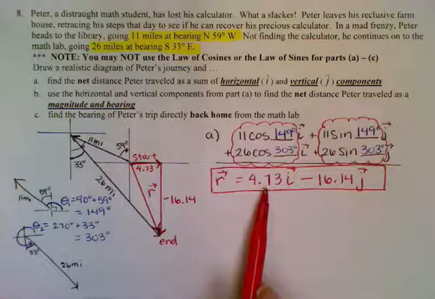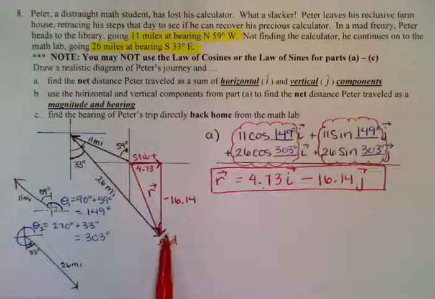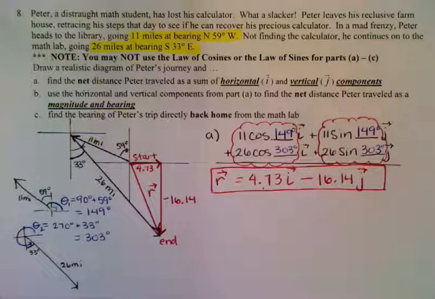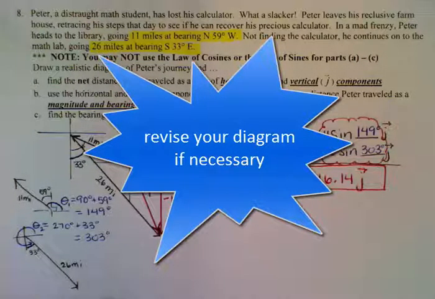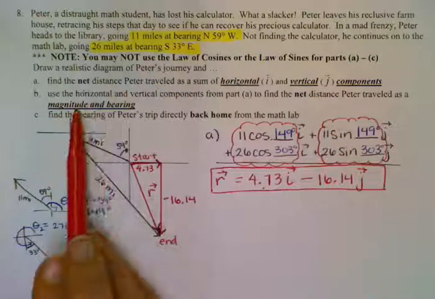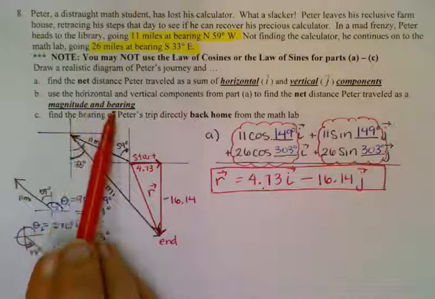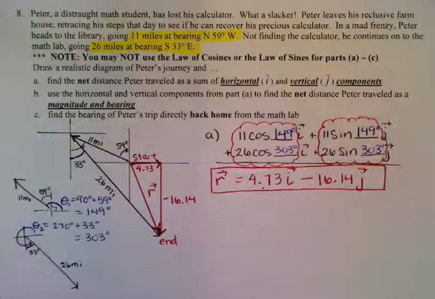Because my A is positive and my B is negative, I know I have to go to the right and then down, so I have to be in quadrant 4 for that resultant vector. So that's great news. I didn't have to fix my diagram. If you notice that yours is a little bit wrong, then you do have to fix your diagram. Because in the next part, we're looking for rewriting our resultant vector using a magnitude and a bearing. So we need to be sure where our bearing measure is going to be measured.